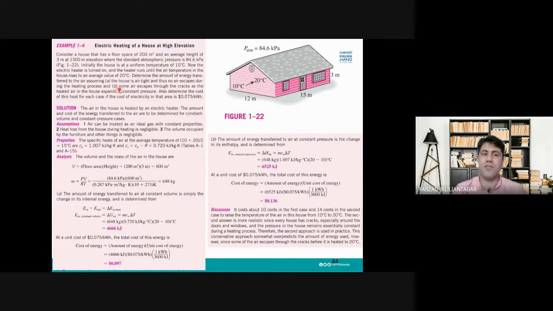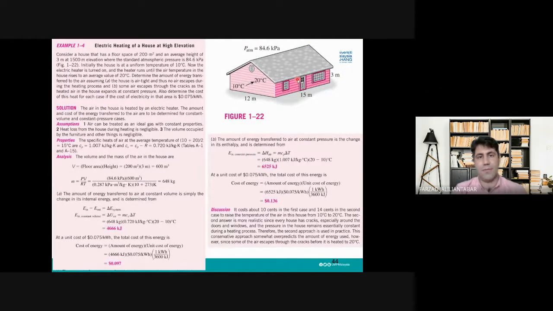In part B, we assume that some air escapes through the cracks as heated air in the house expands, at constant pressure. So in part B, we assume that we have leakage of the air, because when the temperature of the air is increased, it expands and the volume tries to change actually.